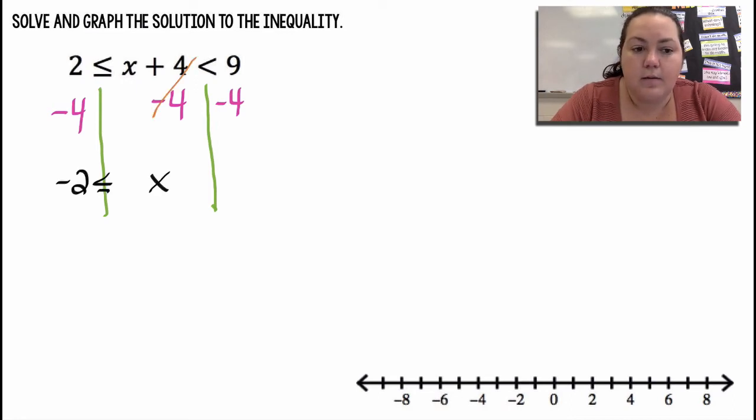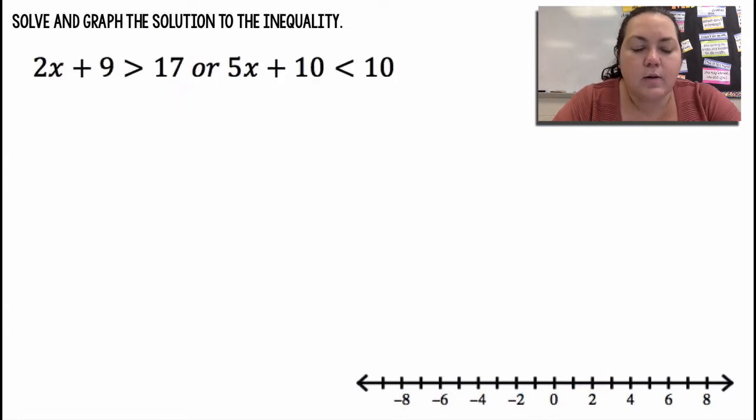So that cancels there. That gives me -2 is less than or equal to x, which is less than 5. All right, so I have x by itself now. So I'm going to go to -2, and I'm going to put a filled in circle. I'm going to go to 5, I'm going to put an open circle, and this is an and, so the x is in between them. So I'm going to shade everything in between those two numbers.